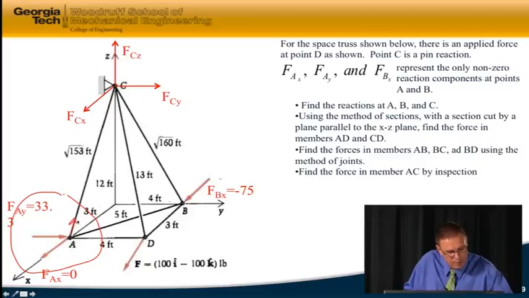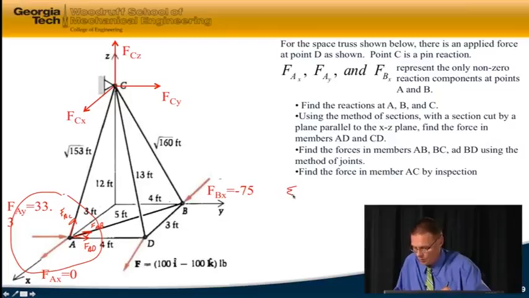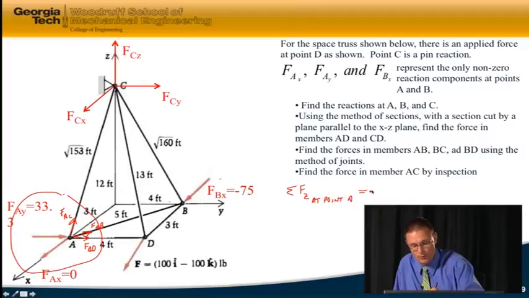And so if I put my force here, FAC, FAB, and FAD. If I sum forces now at that point A just in the Z direction, they have to be equal to 0.